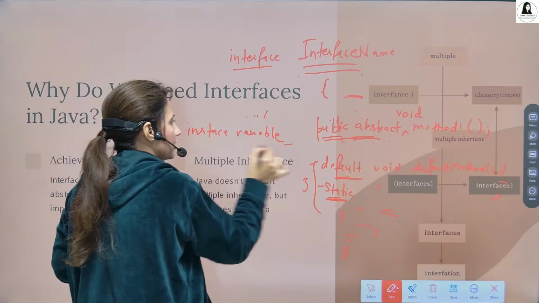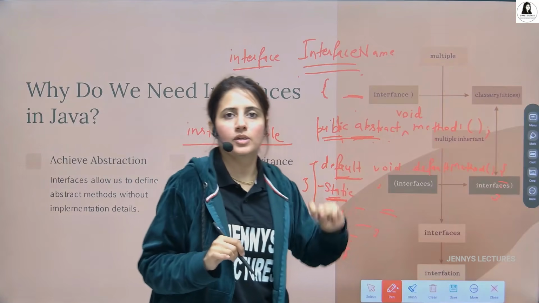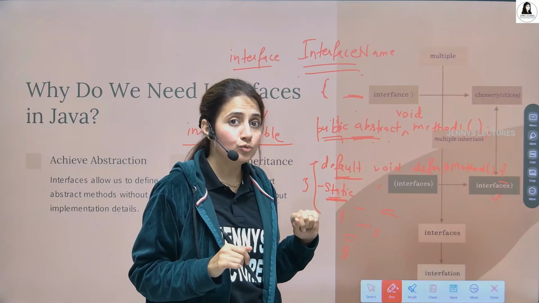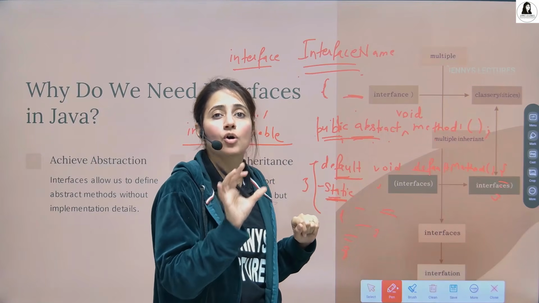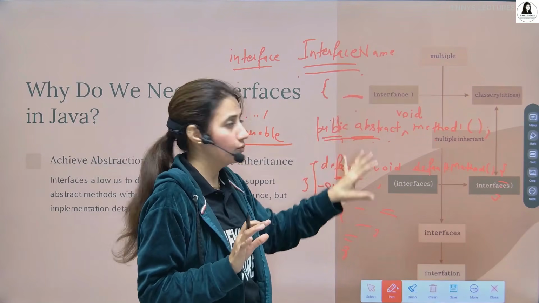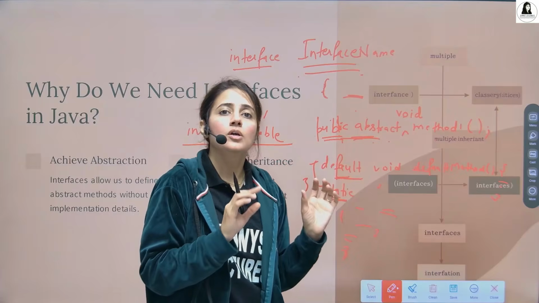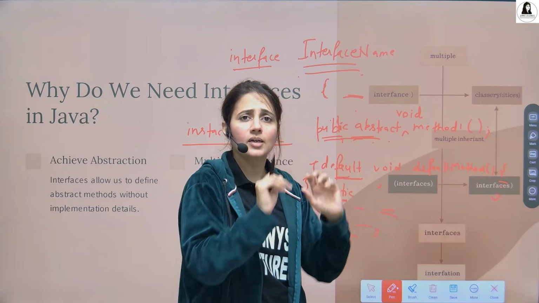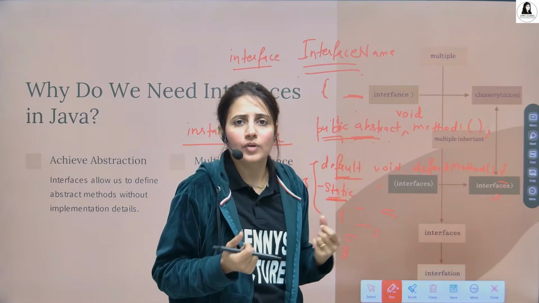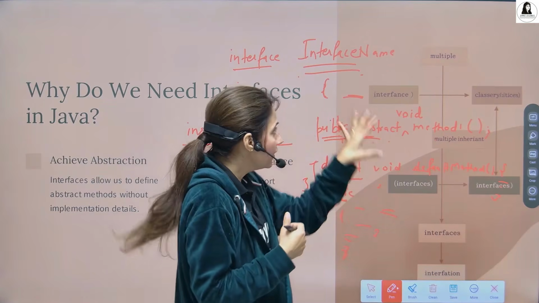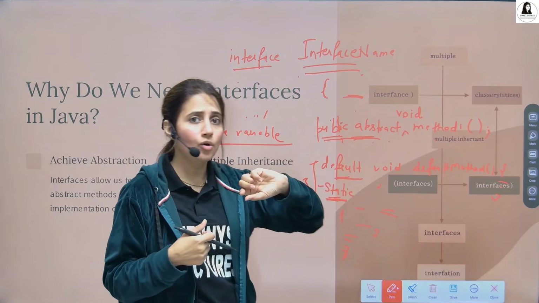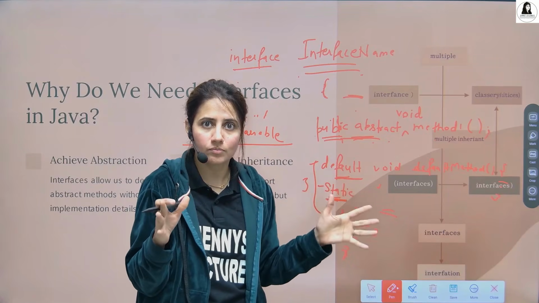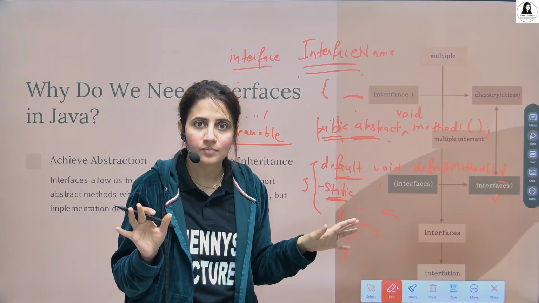In abstract classes we have instance variables, the fields, and those variables are used to store the state of the object. We create an object of that class and store the state at a particular time. For that class we need instance variables. But interfaces cannot store the state of an object.